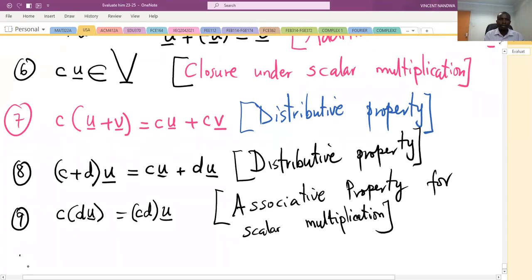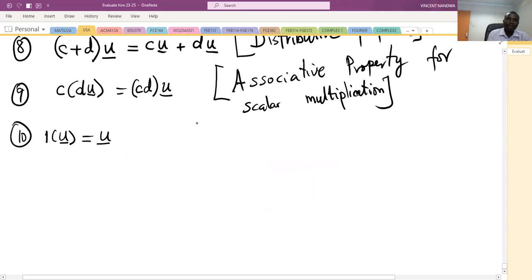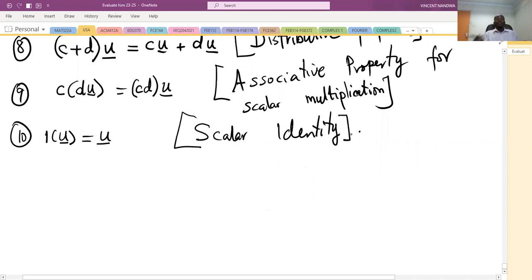And then number 10, if I take 1, multiply by vector U, I still get vector U. So this is called scalar identity. So this is the end of definition of a vector space.